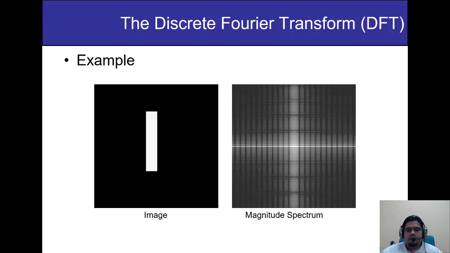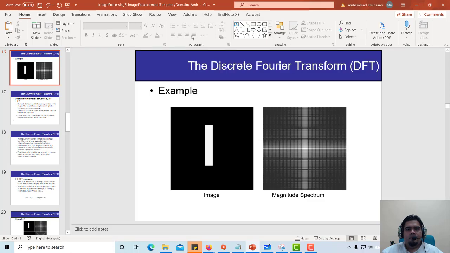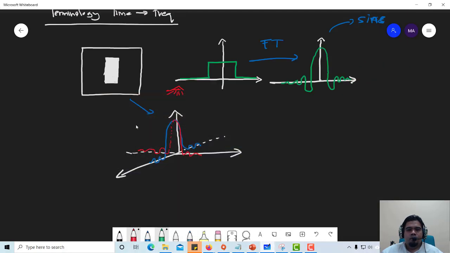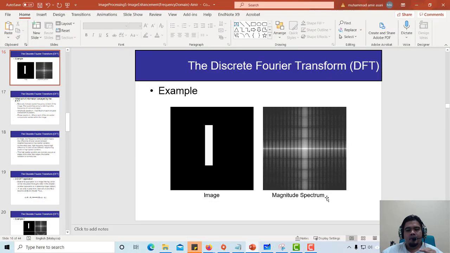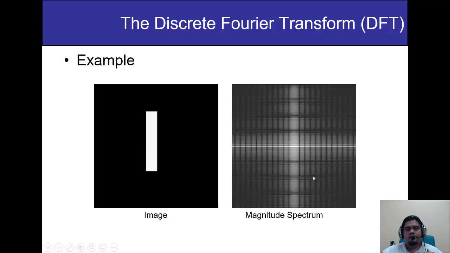This is actually similar to this one if you draw it in the 3D version, in the three-dimensional model. But because you draw it as an image, in matrix form, that's why it looks like this.